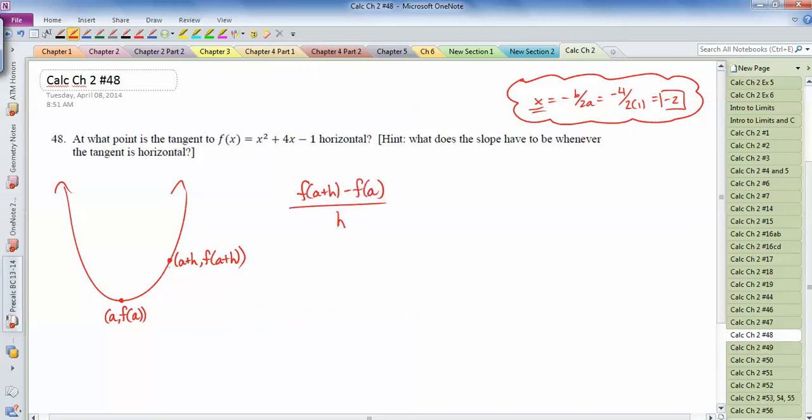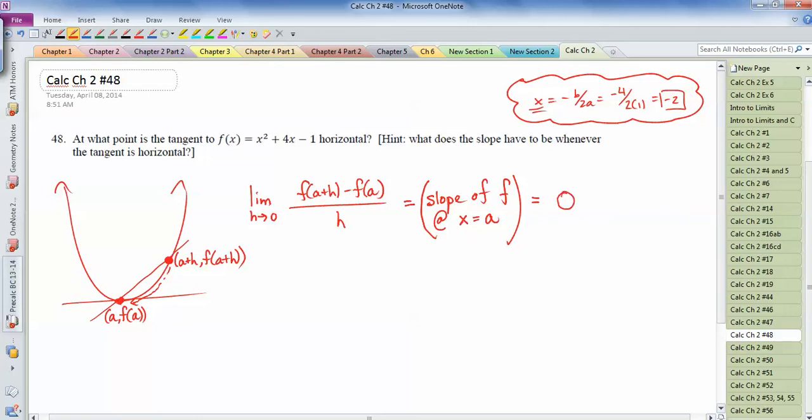And if I make h turn into 0, then this point gets closer and closer to my a, f of a, and the slope of that secant line starts to turn into the slope of a tangent line instead. So if I put the limit as h goes to 0 in front, this is the slope of f at x equals a. And what we want is for that slope to equal 0.